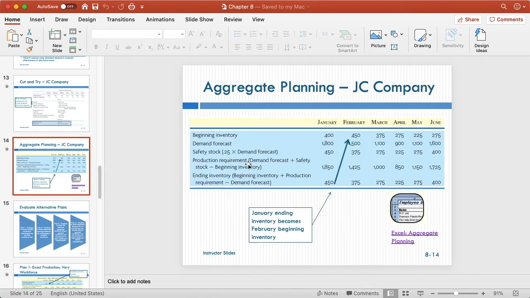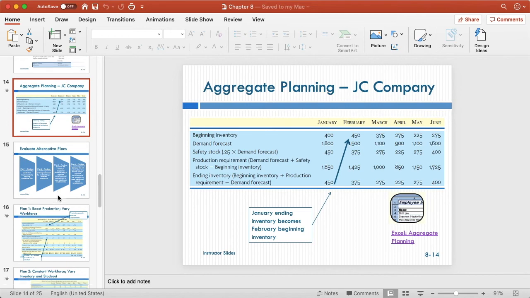If you look at the production requirement for every month, 1850, 1425, 1000, 850, 1150, 1725, which month is lowest? Of course, it's 850. Intuitively, it corresponds to the lowest workforce level.